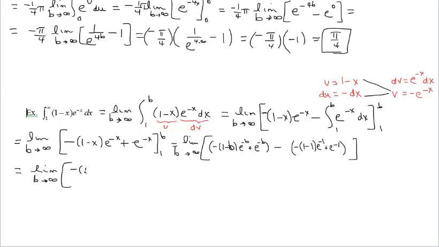So I'm going to have negative quantity 1 minus b over e to the positive b plus 1 over e to the b. Okay, and then minus, and let's come over here. 1 minus 1 is going to be 0. So 0 times anything is 0, so this entire term is going to go to 0. So it's going to be minus 1 over e to the first power.